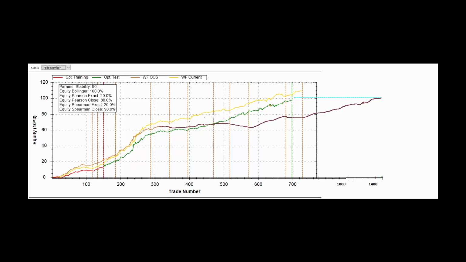When we change the x-axis to trade number, this becomes a lot more apparent that in this case that I've drawn, the amount of trades has nearly doubled, but the profit is the same. So I would consider that a failure because the out-of-sample results are probably not profitable enough to be tradable, and also the fact that it degraded so much from the original equity curve means I would consider this a fail.